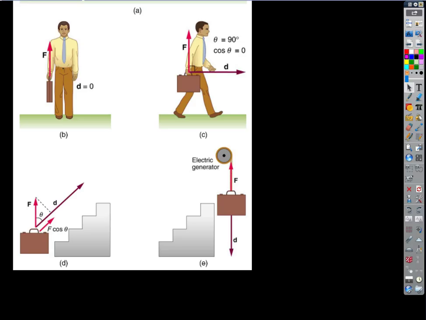But this is a real common misconception, and it gets in the way of understanding the concept of work. It has to do with the way our body works. It really doesn't have to do with the scientific definition of work. Our bodies are not designed for just holding something stationary, right?